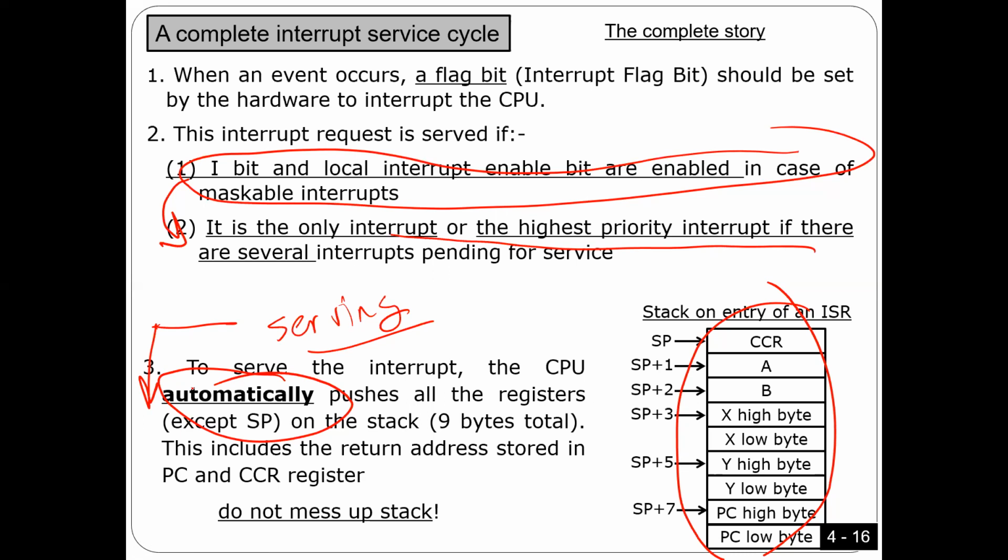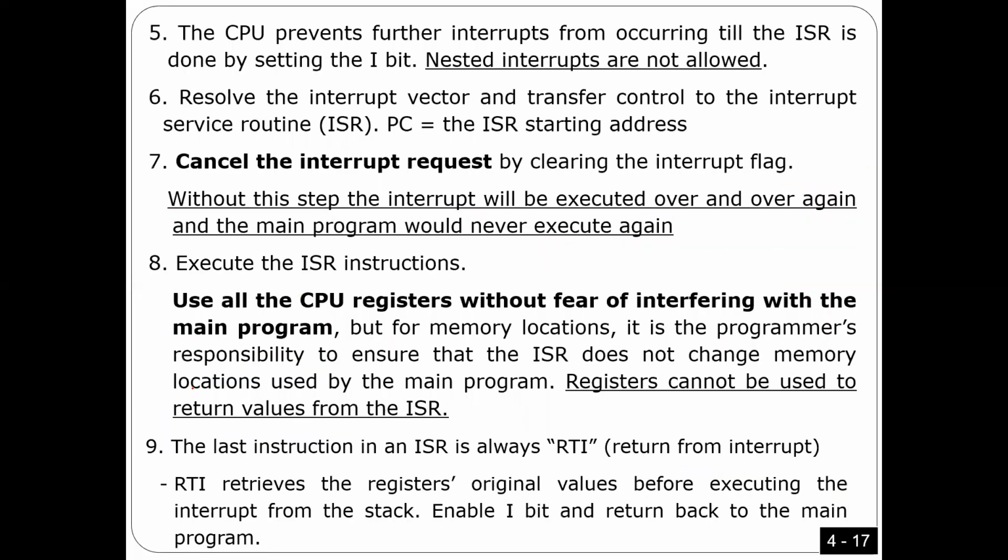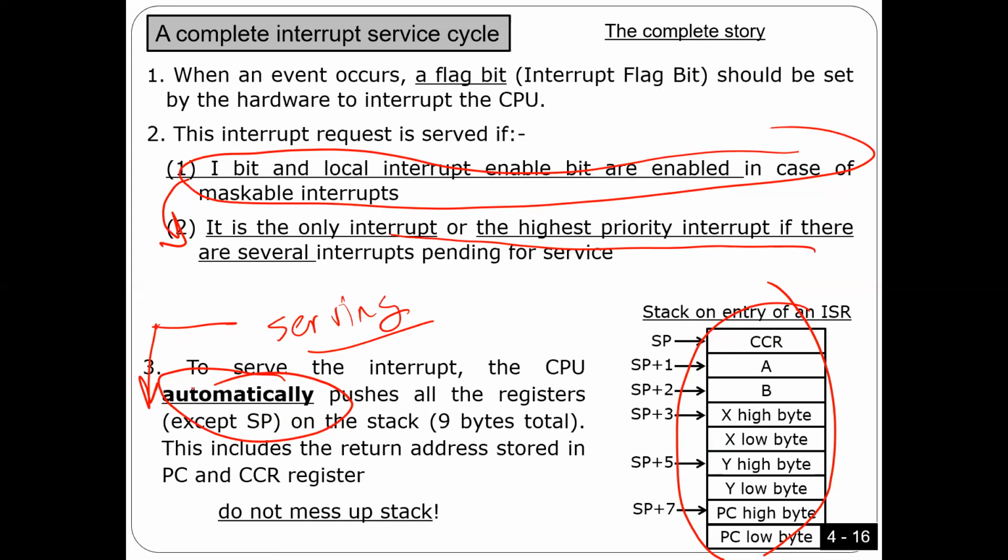All the registers are pushed automatically, and they also return automatically, so that if you change any register in the interrupt subroutine, this is not going to mess up the main program, because all the registers get their initial values back. So this is number 3.